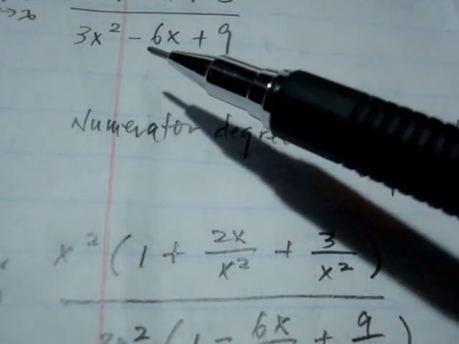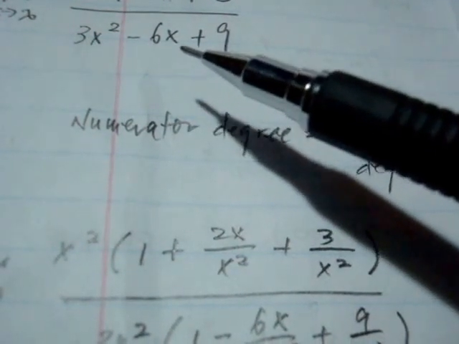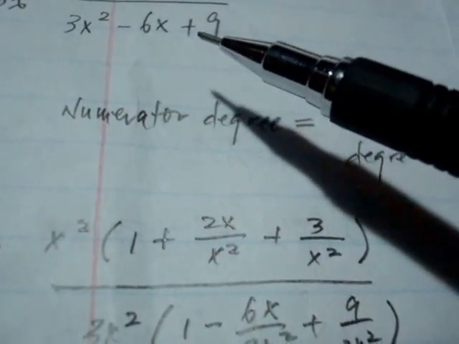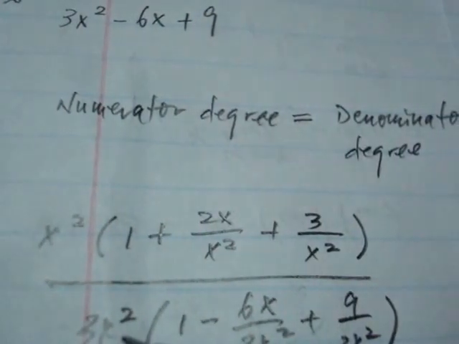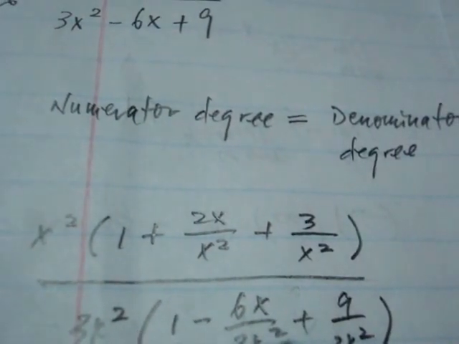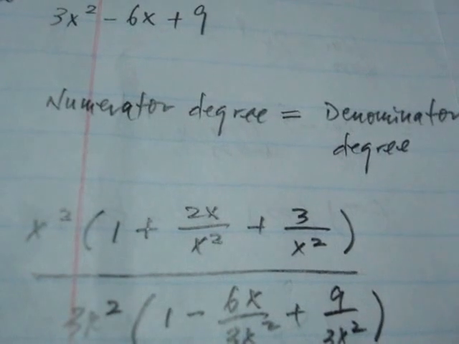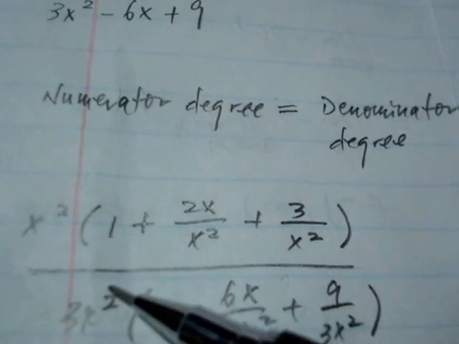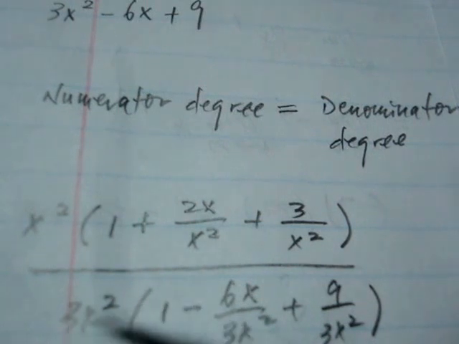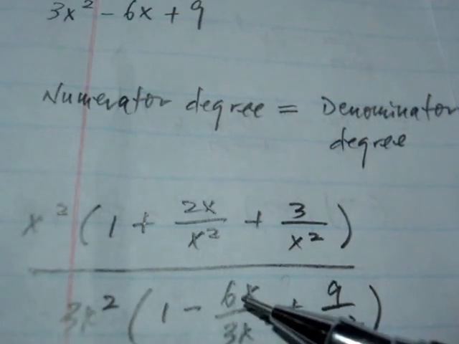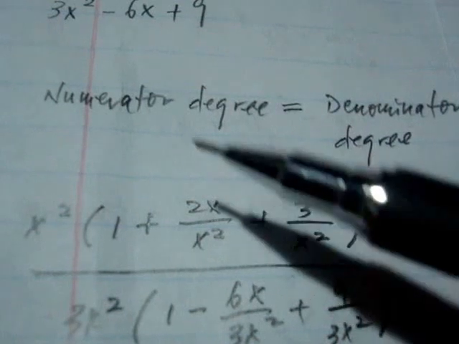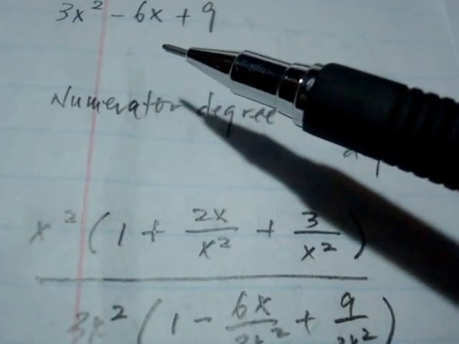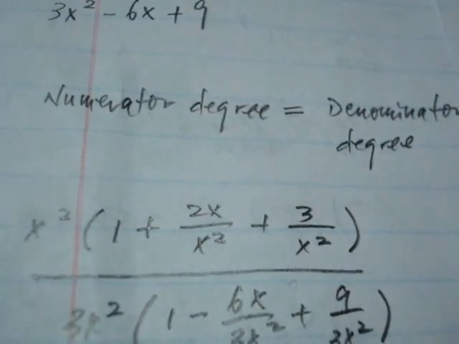Minus stays the same as the given, and 6x and 9 you divide by the leading term, which is 3x squared. Why do you divide by 3x squared? Because 3x squared will cancel with the leading term, and you're left with the 6x, which is the same thing as the given. That's the purpose of dividing it by the leading term.